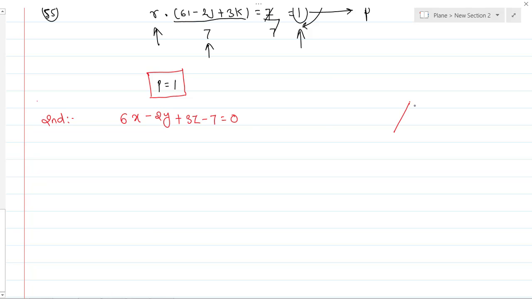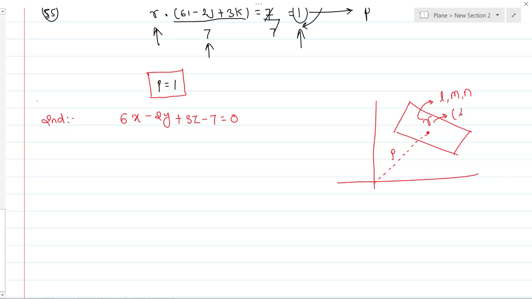And I have already told you that if you know the coordinates of any point, suppose this is the point r, and you know the distance of this plane from the origin, that is p, and its direction cosines, that is l, m and n, then the coordinates of this point are simply nothing but lp, mp, np.